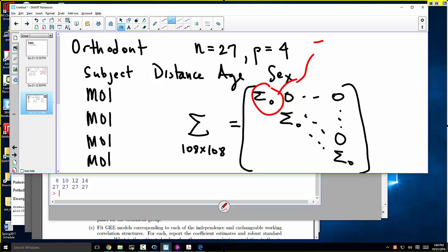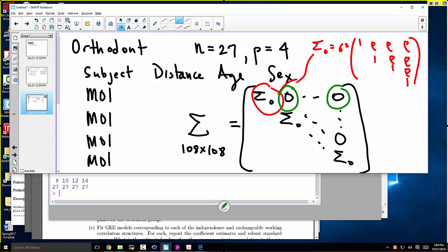Little sigma 0 looks like this: 1, rho, rho, rho. That's compound symmetry. For any one individual, there's that going on that describes the correlations within observations on that individual. But comparing that individual to any other, there is no correlation. This defines the correlation structure.